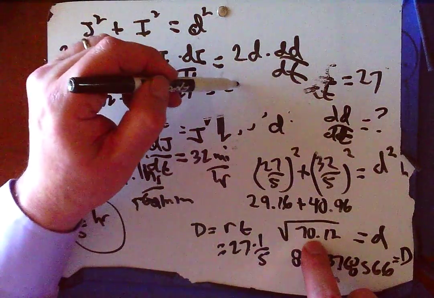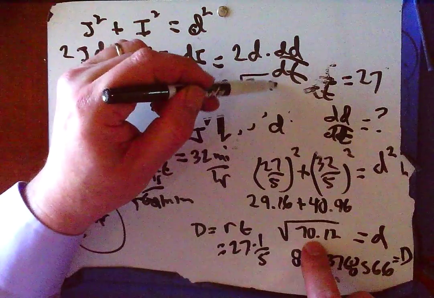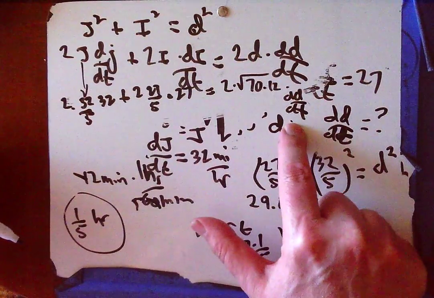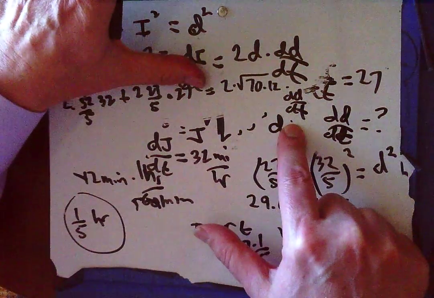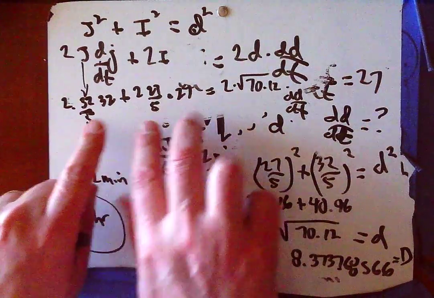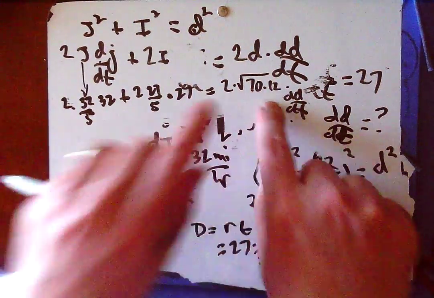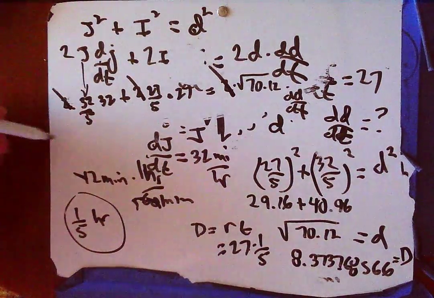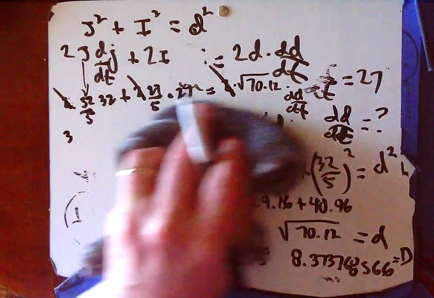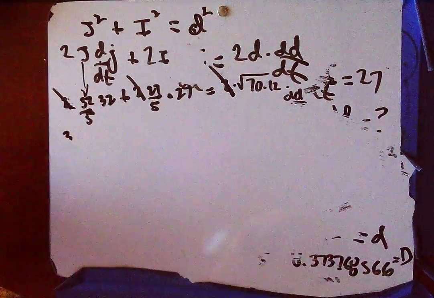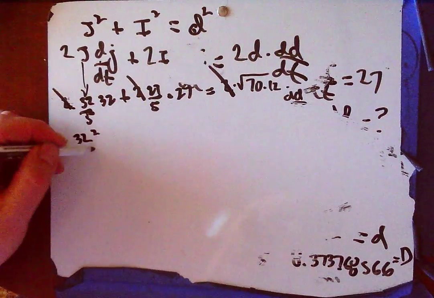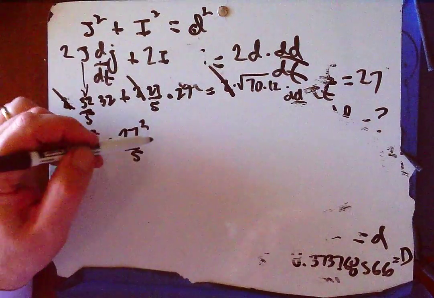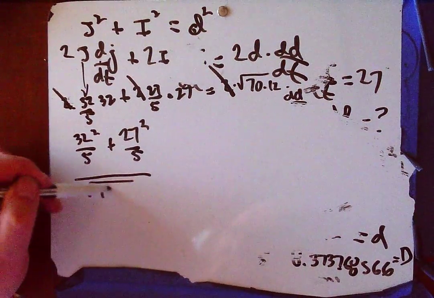I'm going to write this 70.12 times dD/dt. So I want to get that by itself, which means I'm going to do a bunch of multiplying, add those values, and then divide by this stuff. And yes, to make life easier, I'm going to get rid of all those 2's. So 32 squared over 5 plus 27 squared over 5 divided by square root of 70.12.